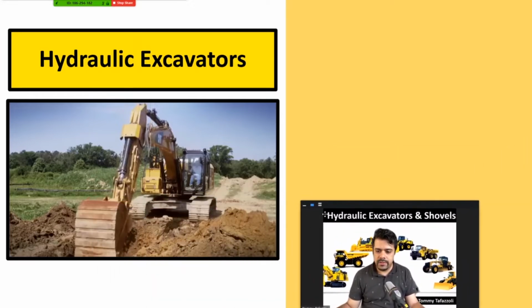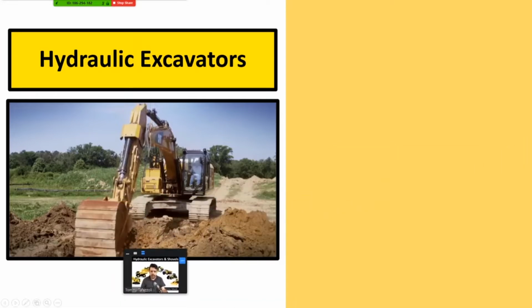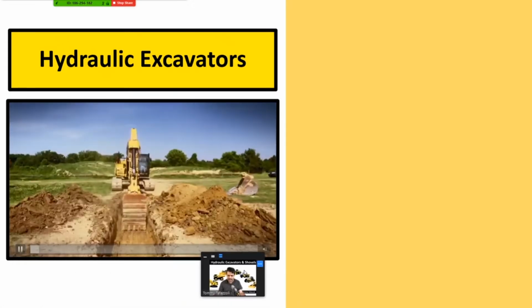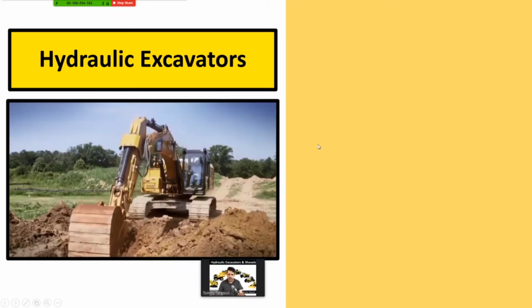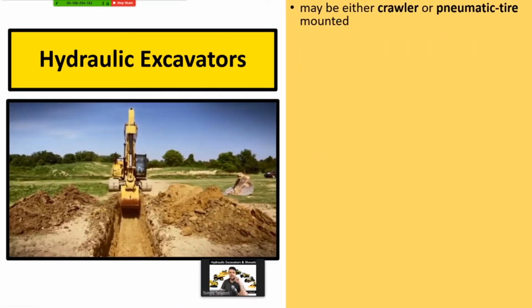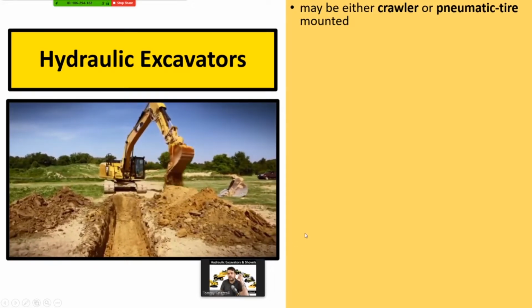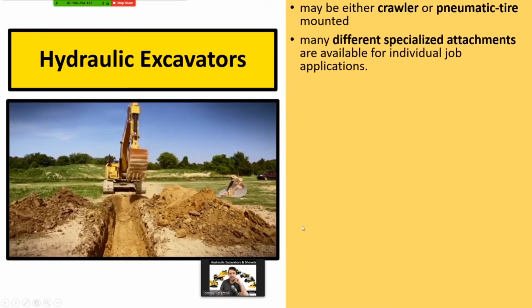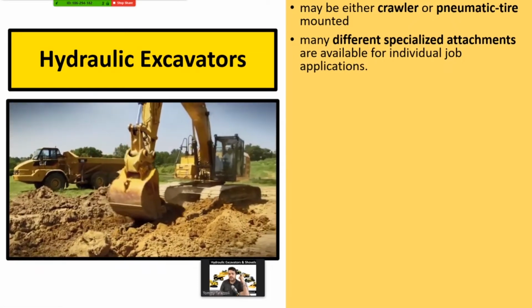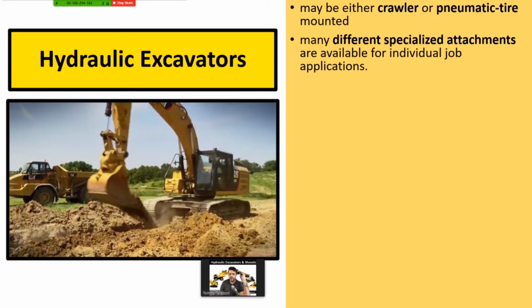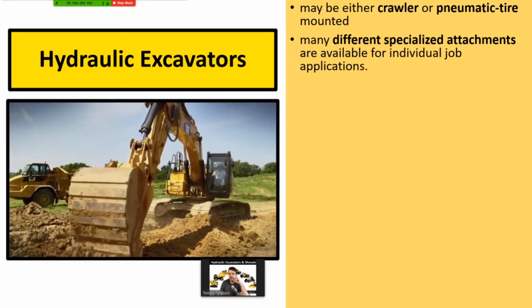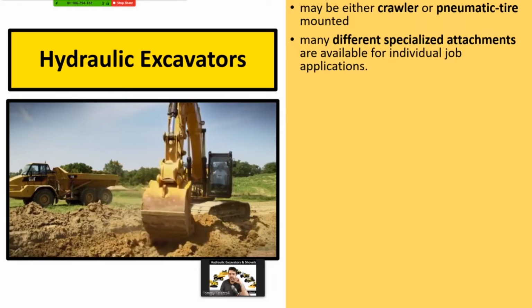Let's get started with a hydraulic excavator, and I have a video and I hope it plays. Yes, it does. Okay, so hydraulic excavators could be a crawler or they could be a pneumatic tire. Many different specialized attachments are available for them, and obviously each one is good for a specific job.